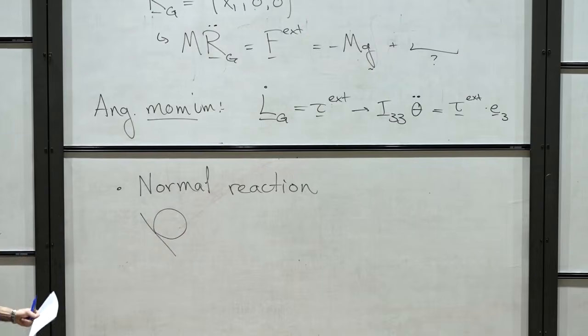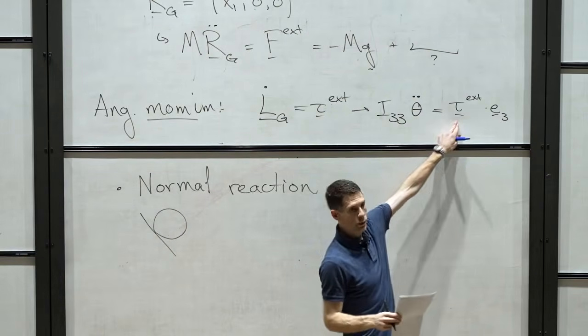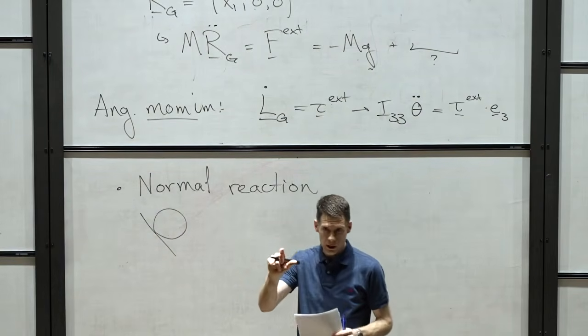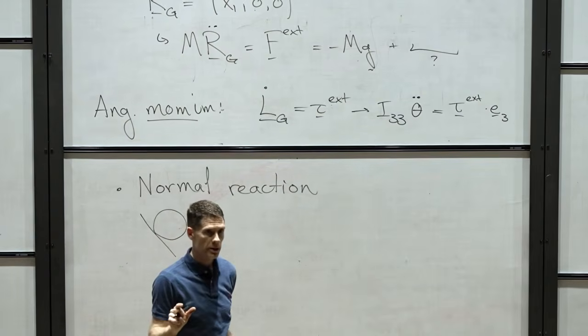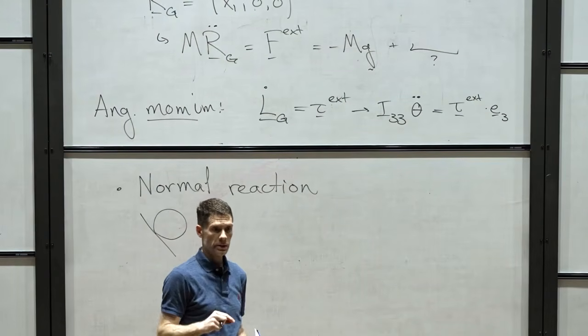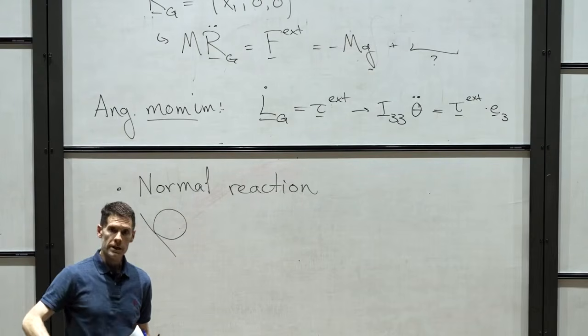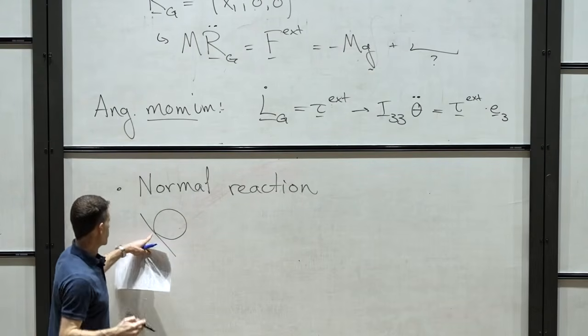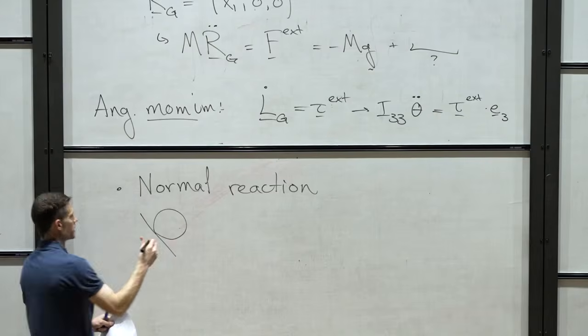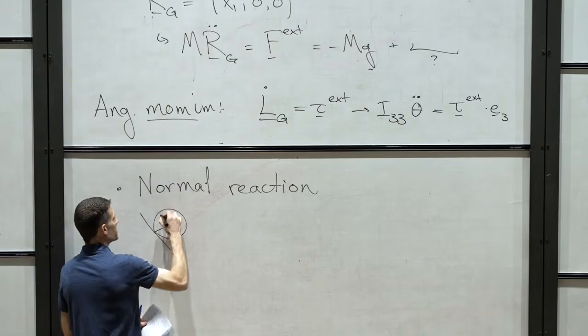I'm trying to think torques, right? Torque, by definition, is the lever arm from the center of mass, that's where I'm doing balance of angular momentum, cross the force. So there are three forces in this system. There's gravity. There's a normal reaction, right? The cylinder is pushing on the surface, the surface is pushing back.